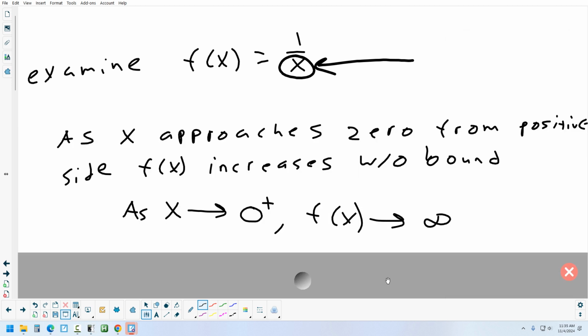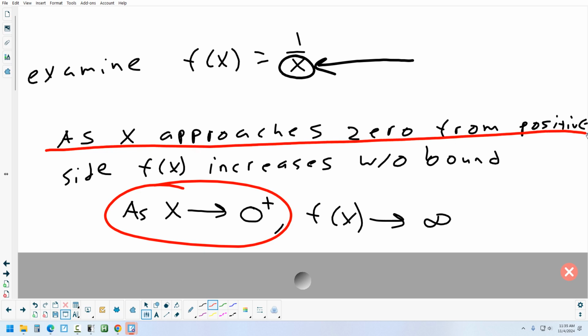So the way we can summarize what just happened is as x approaches 0 from the positive side. That's what this means. What I just circled in red is that whole thing I underlined in red. As x approaches 0 from the positive side.